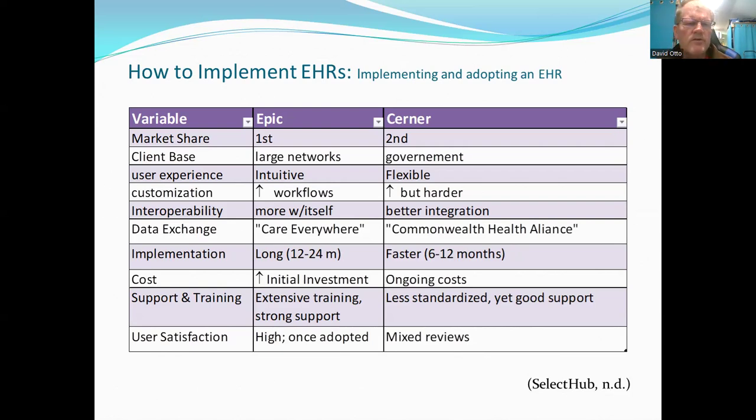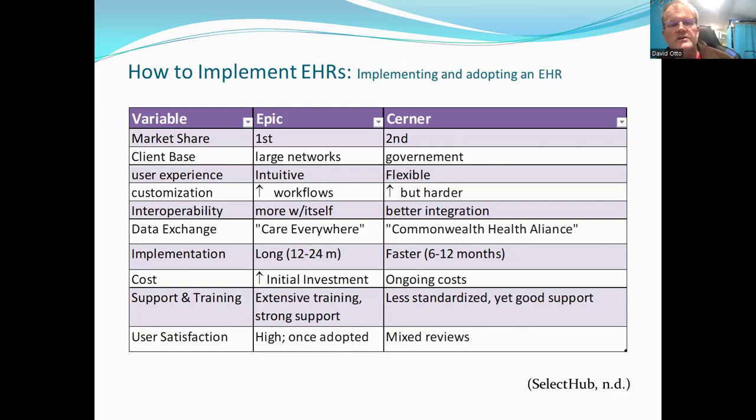So that it's intuitive versus flexible, increased workflows versus increased but harder customization. On interoperability, it's more within itself versus better integration. For data exchange, Care Everywhere is the name of the program for Epic, versus Commonwealth Health Alliance.